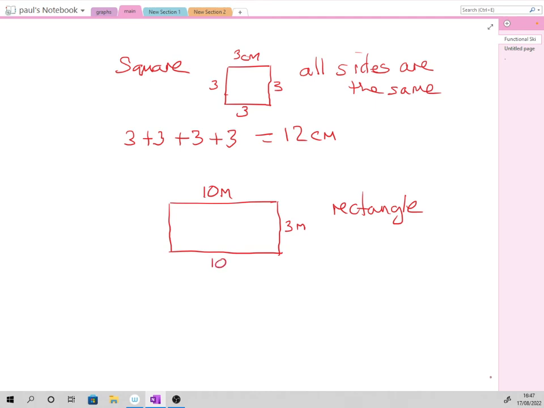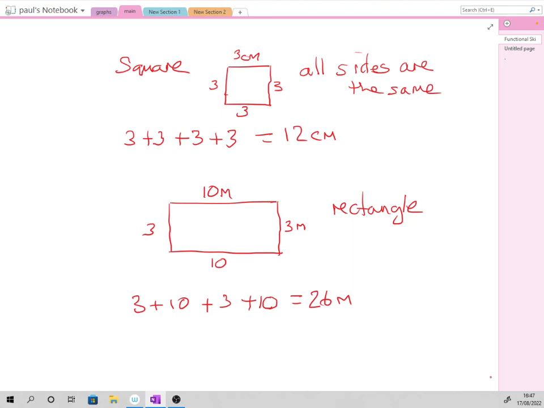And if that's 3, then this one on the left will be 3 as well. And we add them all up together. 3 plus 10 plus 3 plus 10, 26 meters. Okay, so that's how to find perimeters on those basic shapes.